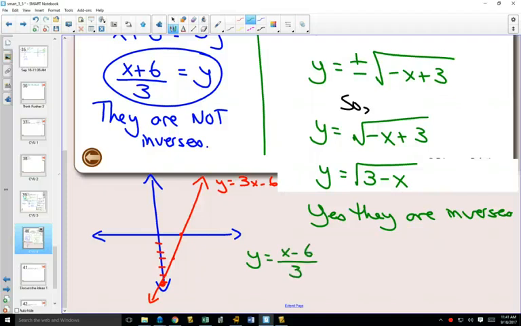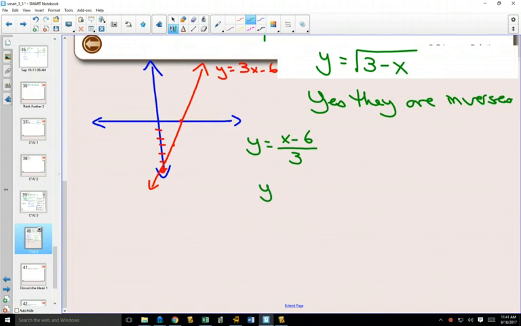Some things I want you to start to recognize. First of all, when you look at the x, do you see that you have an x to the 1? This is going to be a line as well. But it's not in y equals mx plus b form because I'm dividing the whole thing by 3. If I divide each individual thing by 3, x divided by 3, can you see that that's the same as 1/3 x?